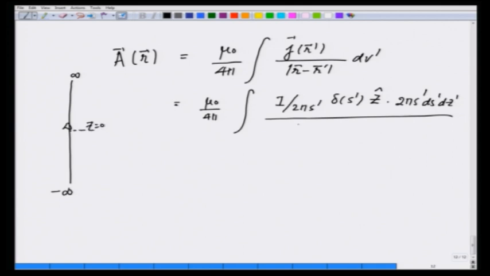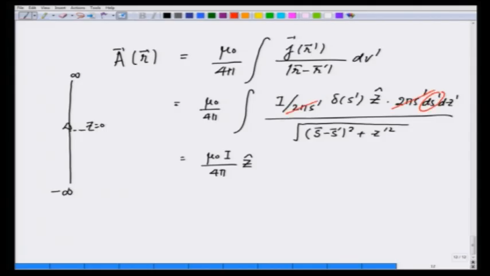So, this is going to be square root of s vector minus s prime vector square plus z prime square. Since s prime goes to 0, this becomes mu naught I over 4 pi in z direction, and you can see this 2 pi s prime and 2 pi s prime cancel.